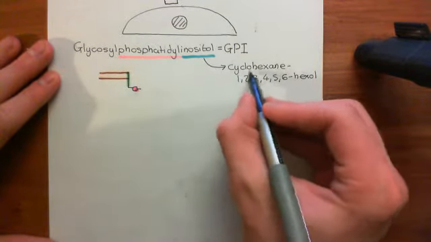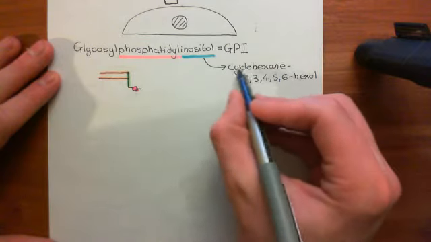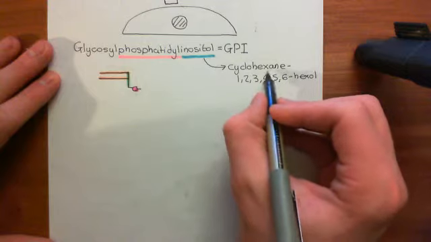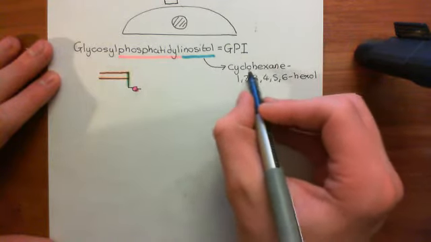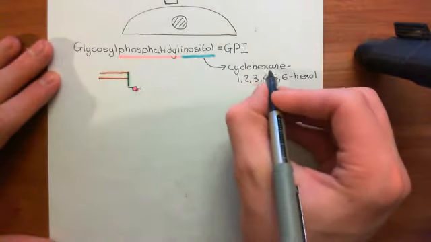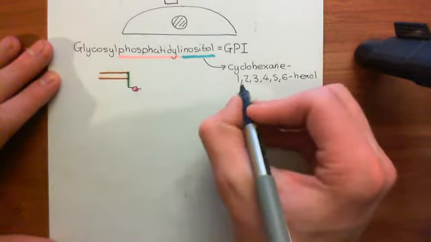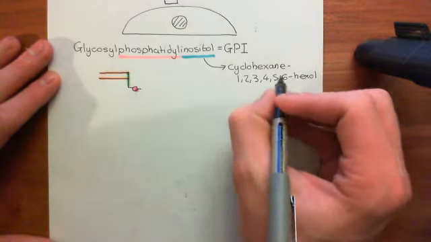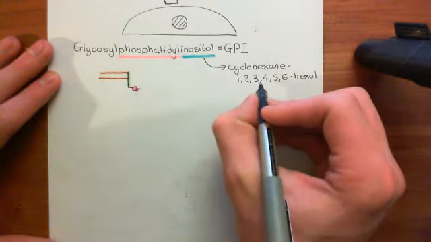It tells us that we're dealing with a 6-carbon cycle, so a hexagon of carbon atoms, where all of the bonds between the carbon atoms in that hexagon are single bonds, and off every single carbon you then have a single alcohol group, which means that every single carbon also has a hydrogen coming off it.